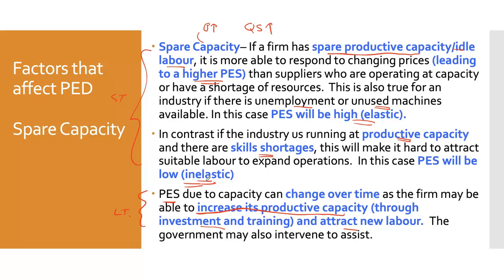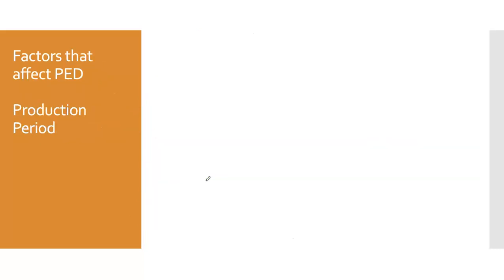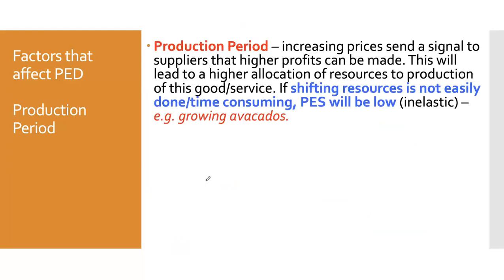price increases. Now, the production period is also important, and this is relevant to, for example, avocados. We understand that increasing prices send a signal to suppliers that higher profits can be made. And this will lead to a higher allocation of resources to the production.